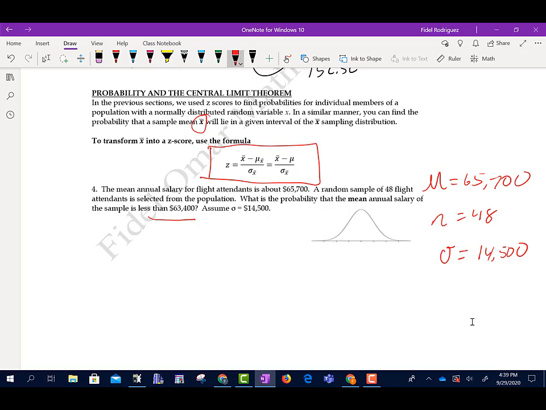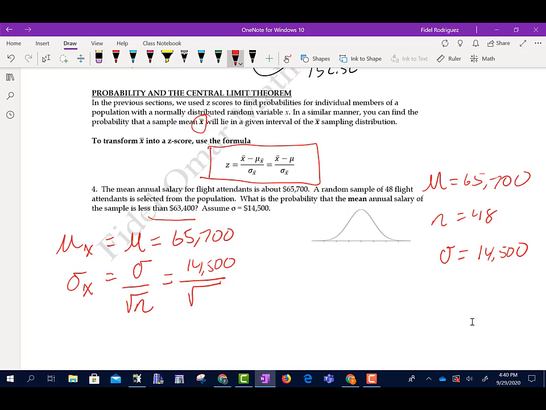Just like we've been doing, we're going to find the mean of our sampling distribution, which is the same as the regular mean, 65,700. Then we find the standard deviation of our sample means, which is equal to our standard deviation divided by the square root of n. That's 14,500 divided by the square root of 48.